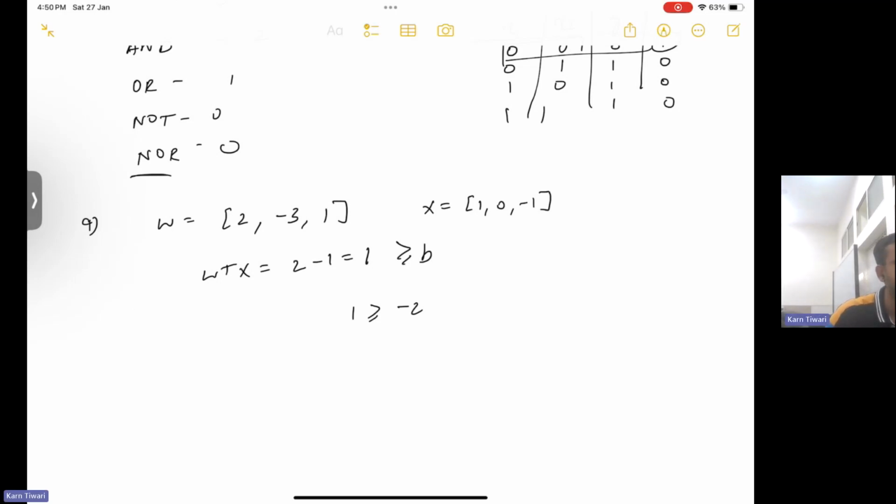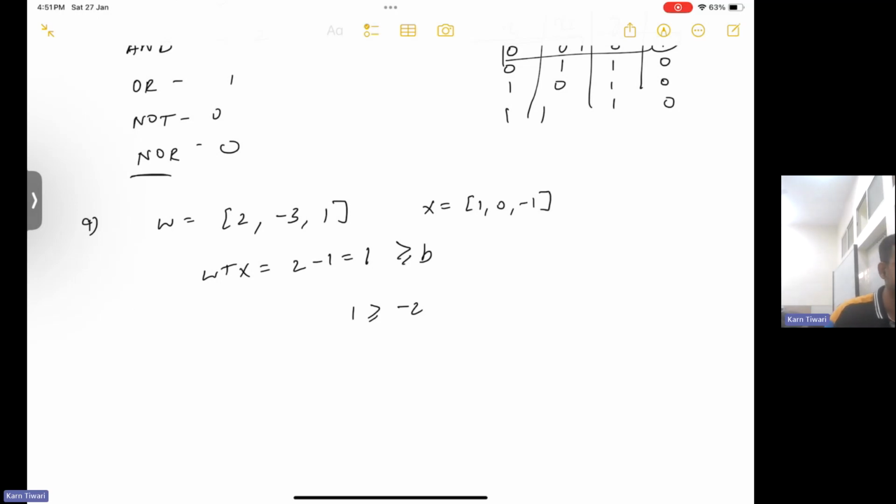So they have given the bias B. Let me check the convention used in the lecture. I guess they have used minus W naught as the bias.